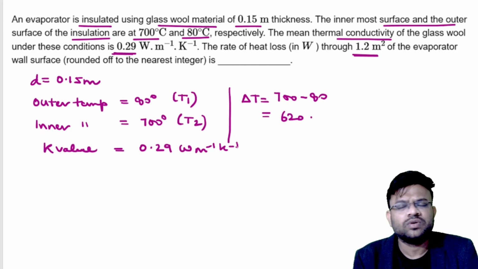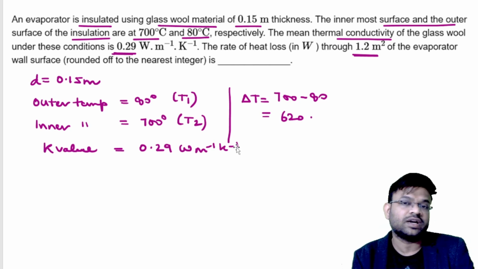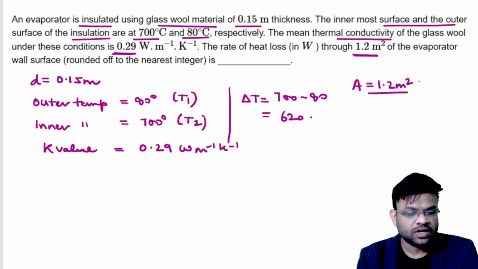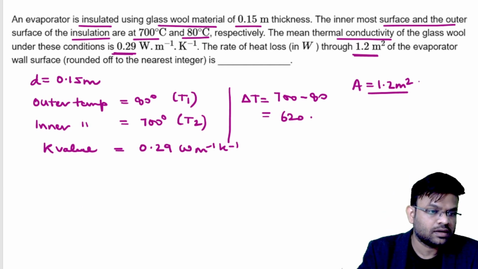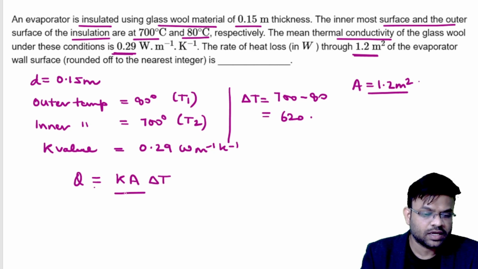Yeah, so there is a formula for the heat transfer through conduction. So I'm just writing down the formula for this. The heat that is transferred through conduction, Q, is equal to K into A into delta T upon D. So I'm just putting the values now.